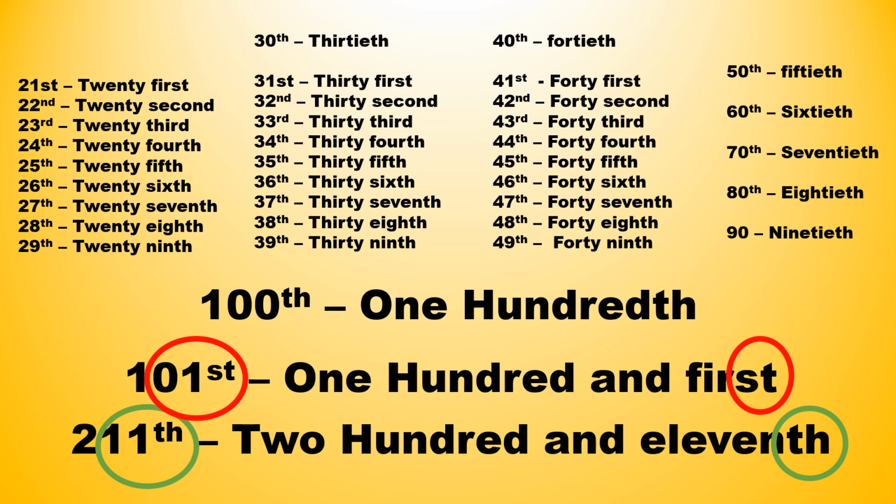Now look at 100 and first. It is ST. Very easy to remember. If it is just 1, it's ST, first. Now look at the green one. That is 211th. Now this is 11. Remember, 11 is TH, not ST. Yes, it has a 1, but it is not the first number, is it? It is the 11th, which is TH.